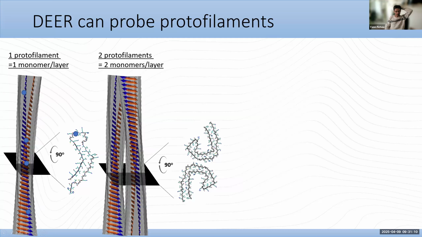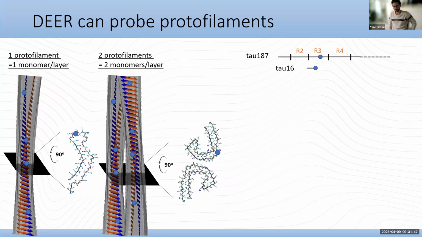And if you do the same thing, but now you have 2 monomers per layer, what it means is that you're going to double the spin density along the fiber axis, along the fiber length. So per length of filament, you will have twice more spins in that case than you have in that case. So in principle, again, you might detect this in the alpha parameter I mentioned, which is a direct measurement of spin density at the surface.